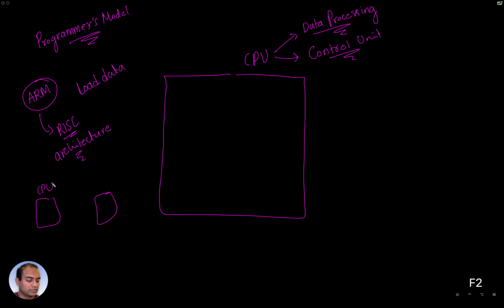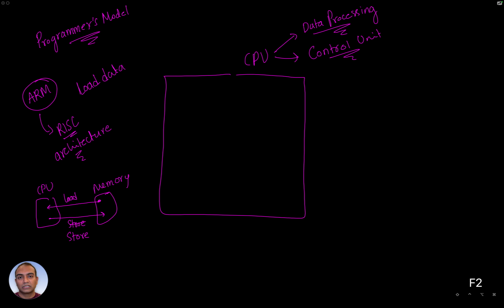So let's say this is the CPU and this is the memory. So the idea is that you always load the data from memory to CPU first, process it, and once the processing is done, you take that data and put it back into the memory. So this is called the load operation and this is called the store operation. And so the RISC architecture essentially is the load store architecture.